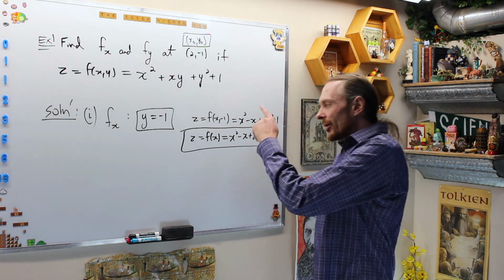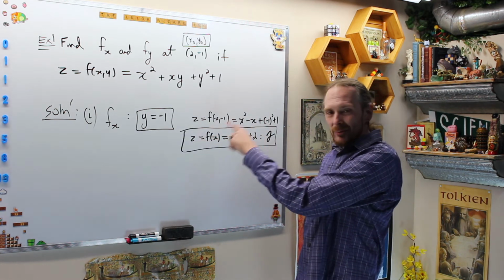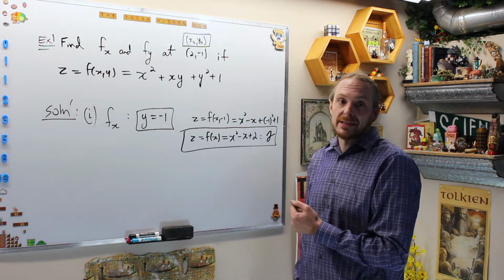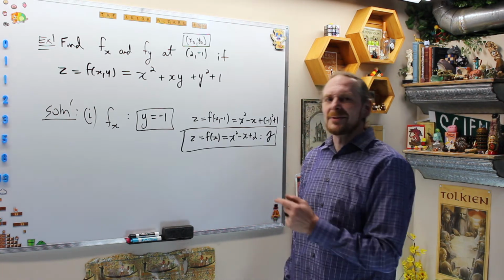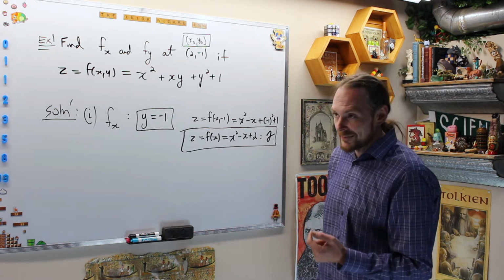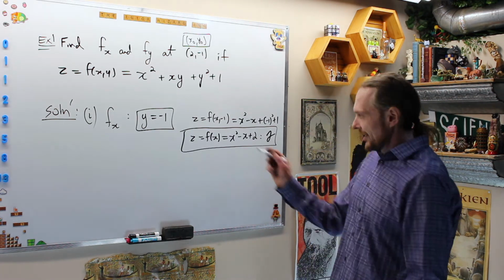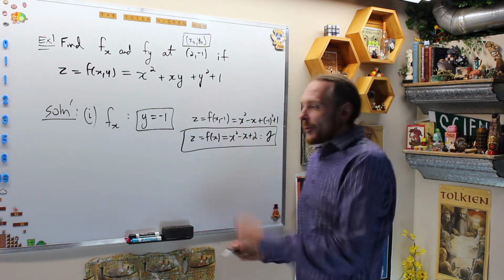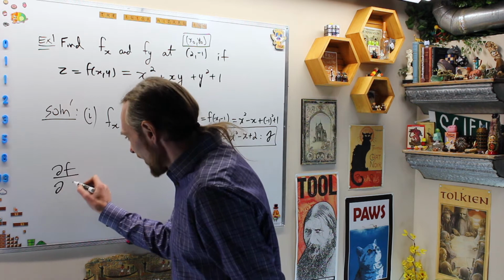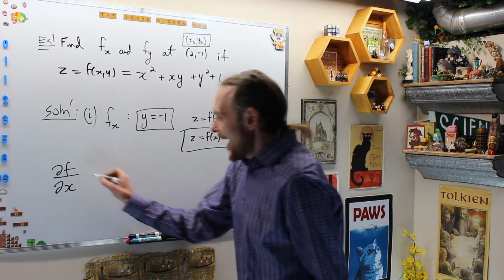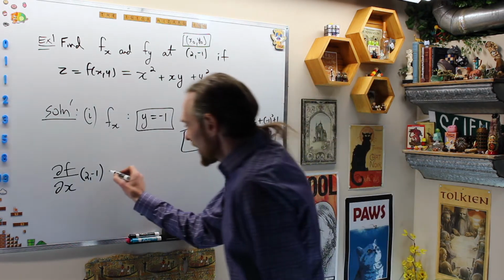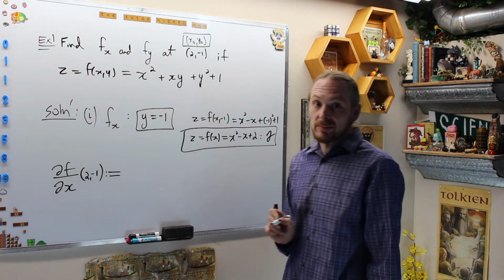I can now take the ordinary derivative of z with respect to x using single variable calculus and Sir Isaac Newton's definition, which he coincidentally derived hiding from bubonic plague in isolation in 1665 and 1666. What do I do with this now? Therefore, the definition of the partial derivative of f with respect to x at the point 2, -1 is by definition, the double dots mean equals by definition.